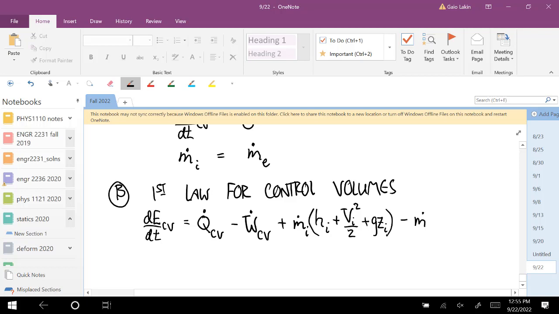So m dot at the exit times the quantity he plus Ve squared over 2 plus g ze.